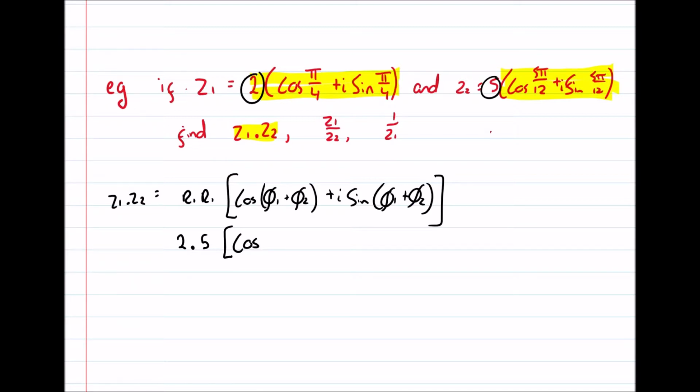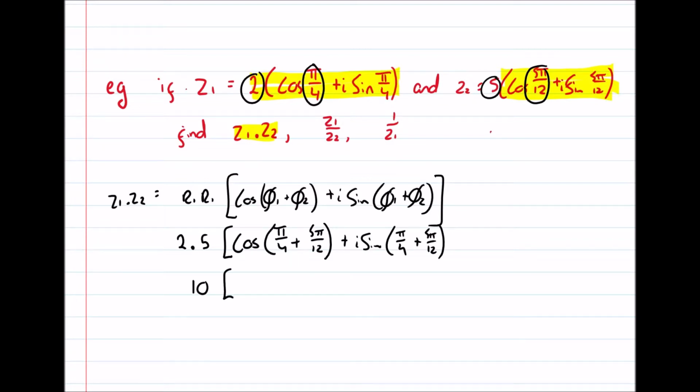Then we have cos of theta 1, pi over 4, plus theta 2, 5 pi over 12, plus I sin, and again theta 1, pi over 4, plus 5 pi over 12. 2 multiplied by 5 is 10.